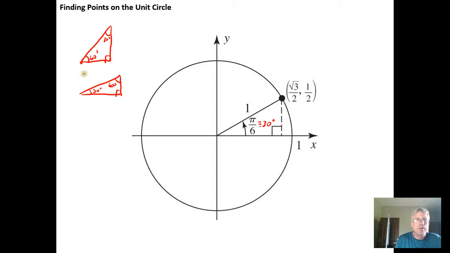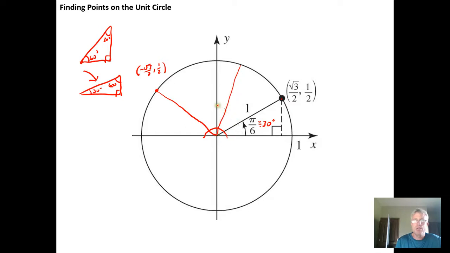So we have the 30, 60, 90 triangle oriented this way, starting at the origin, and we can again reflect. We can reflect this point across the axis, and that's going to generate the point negative root 3 over 2, 1/2. And if we wanted the angle that was going with that, we'd recognize that dividing pi by 6, you're taking pi and dividing it into 6 pieces, means that we're dividing the upper half plane into 6 equally sized chunks.